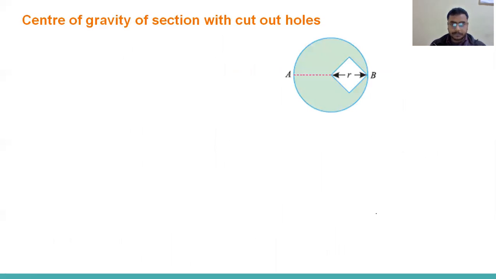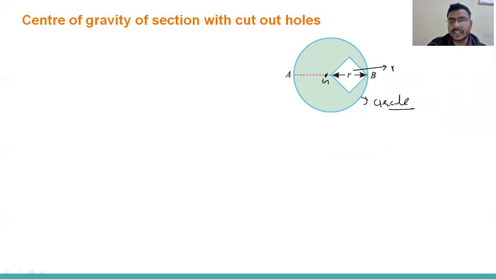Now I'm going to calculate for this one. In this case, this is the circle. You can see the whole circle. For the circle, the center of gravity will be at the center, so the centroid will be here. But now see, this portion has been deducted.